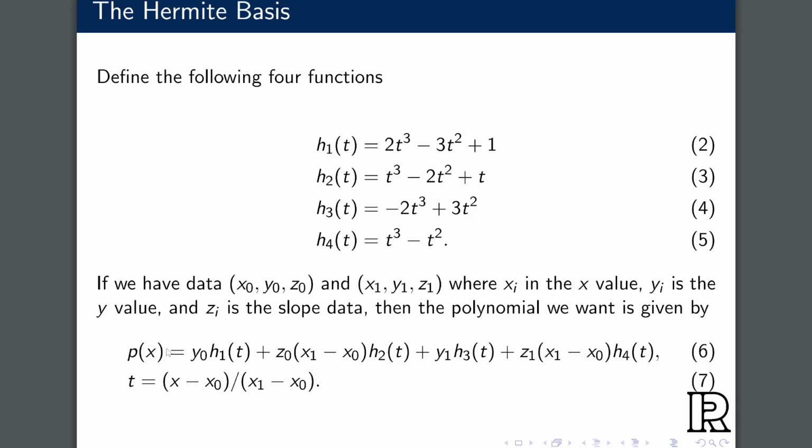And if you want to be very efficient, you work out some efficient way of evaluating these four polynomials, and then evaluating the resulting polynomial is pretty easy. It's just constant multiples of these four what are called basis polynomials. Are there any questions about that?